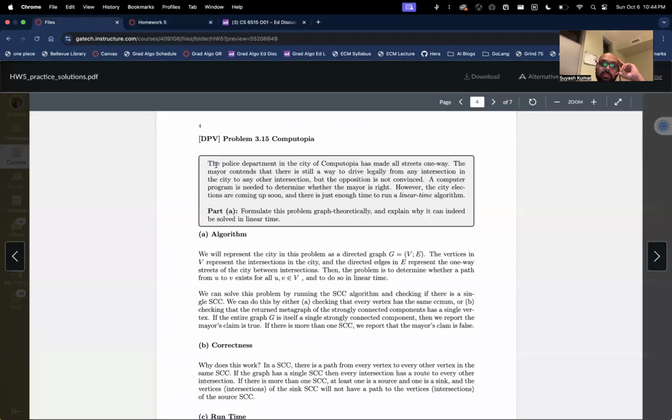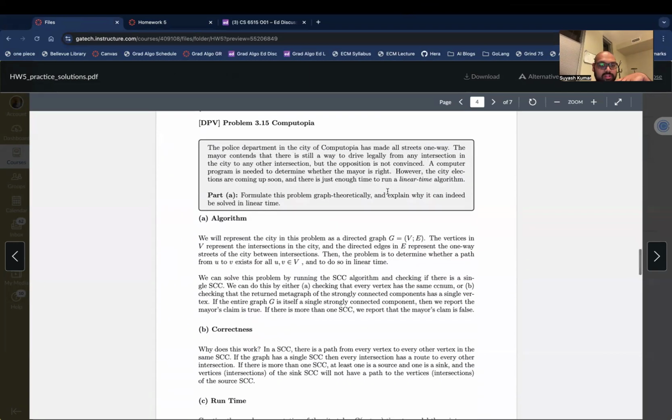Police department has made streets one way. The mayor contends that there's still a legal way, but the opposition is not convinced. Okay, so basically you have to decide whether you can reach every place from every place, right? So intersections are nodes. You just have to make sure it's strongly connected.